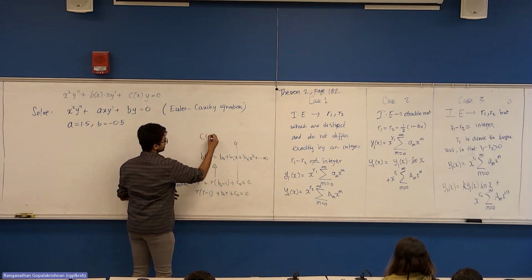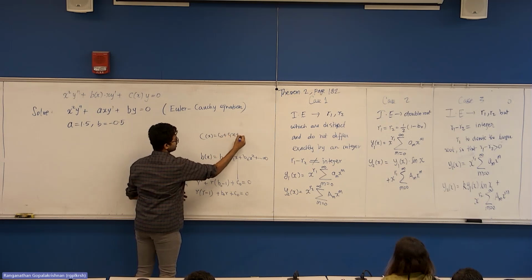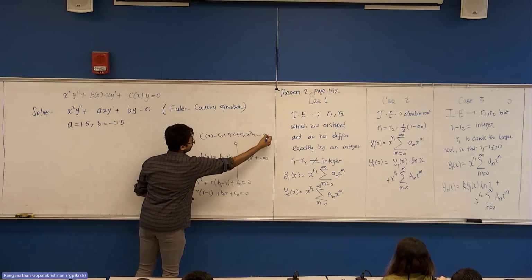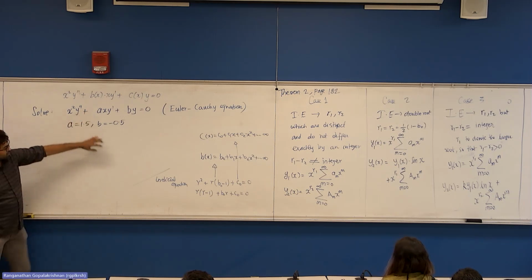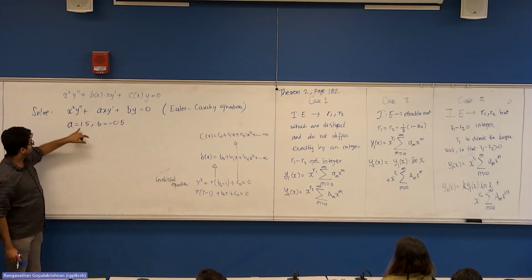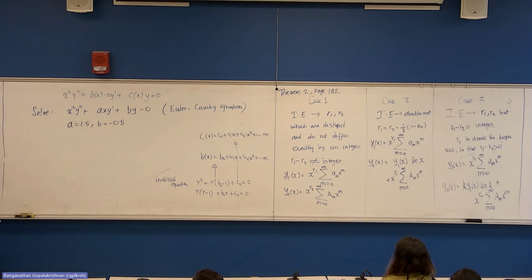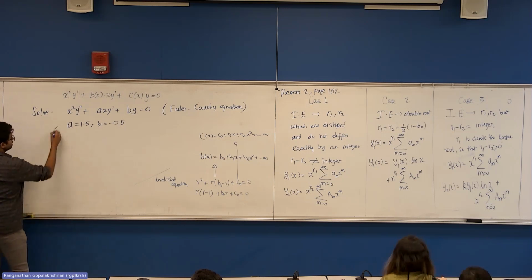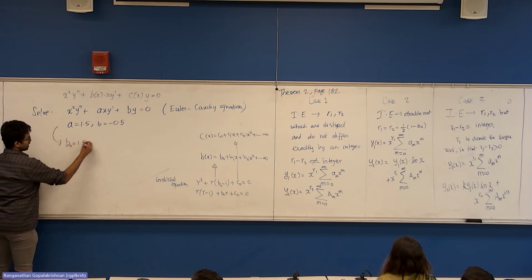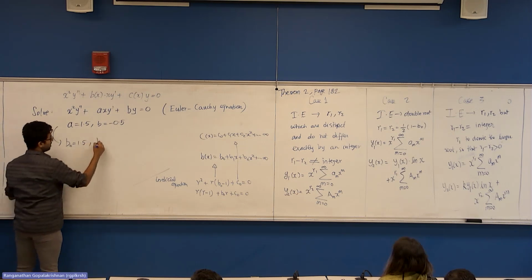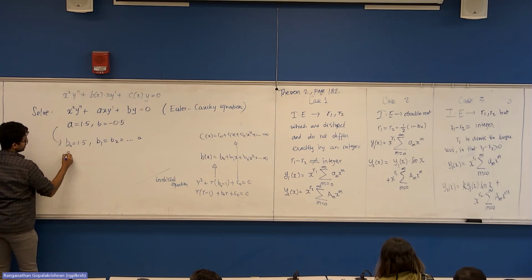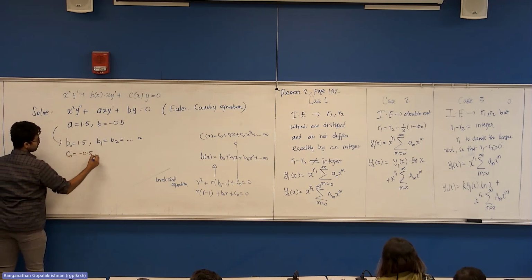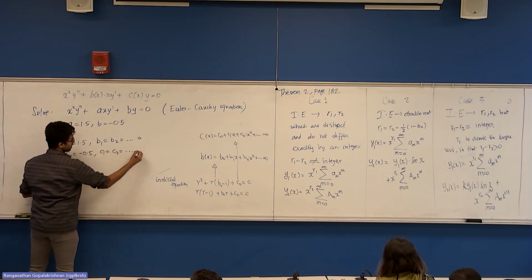And C of x is C naught plus C1 x plus C2 x squared and so on up to infinity. How do you adjust your equation to insert 1.5 and minus 0.5 here? So by that nomenclature, B naught is 1.5, right? And B1, B2, everything else is 0. And C naught is minus 0.5, C1, C2 are 0.